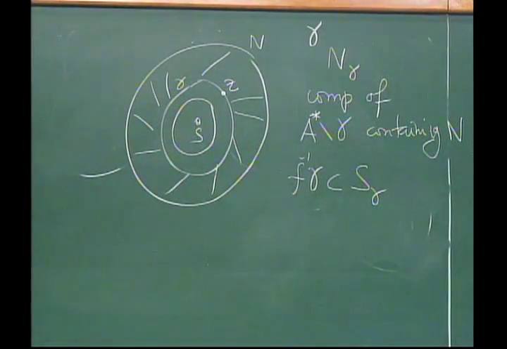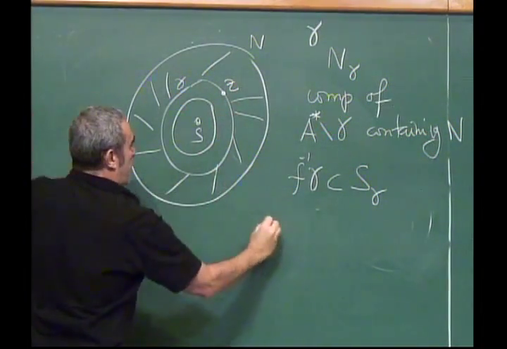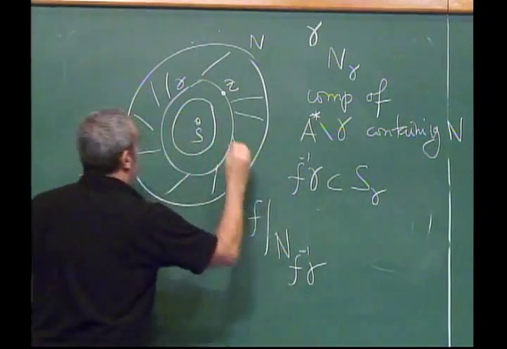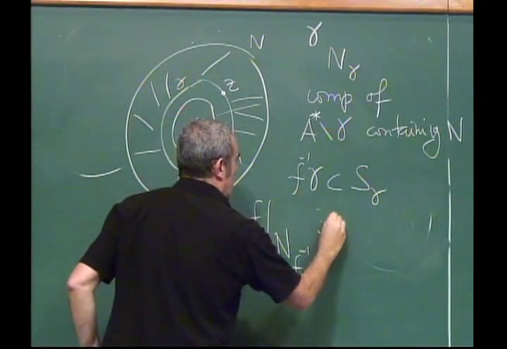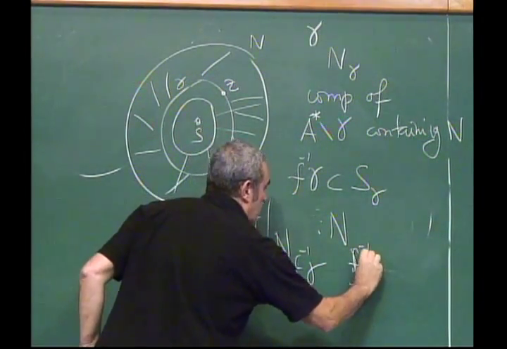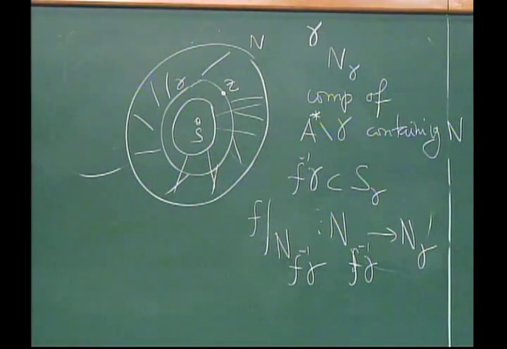So the map restricted to the north of f^-1 of gamma is a D-to-1 covering from the north of f^-1 of gamma to the north of gamma. You see that or not?